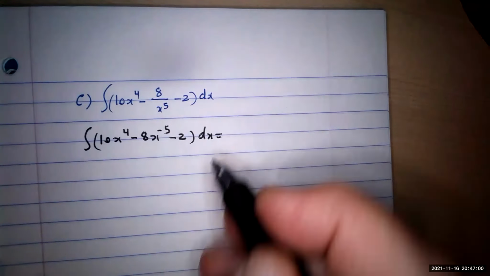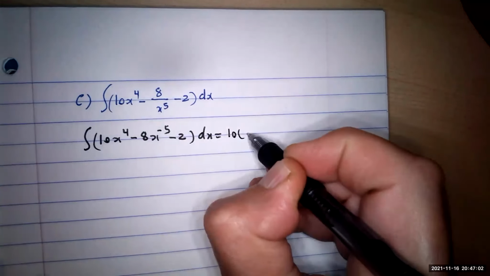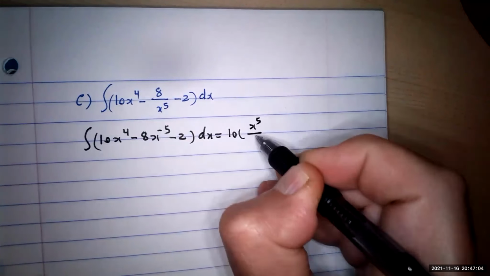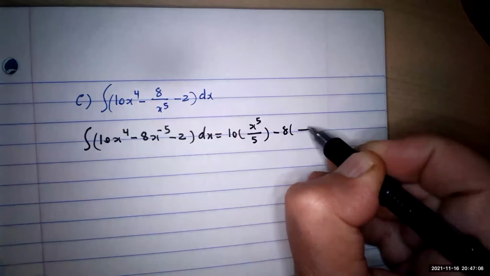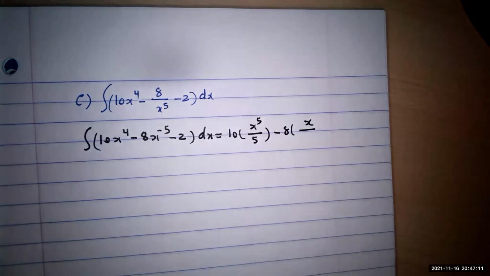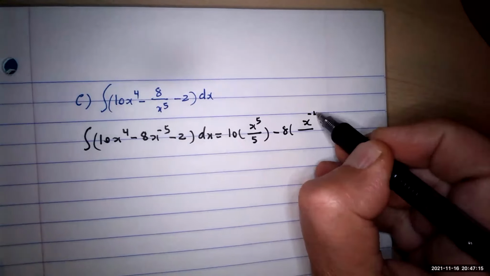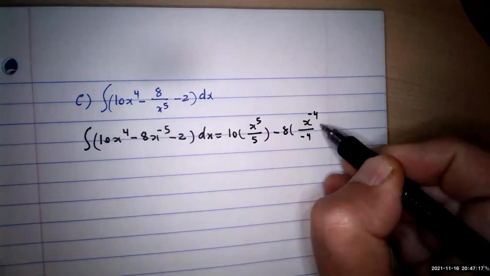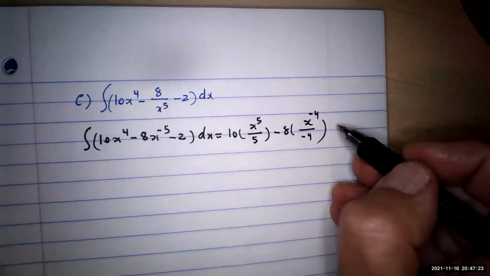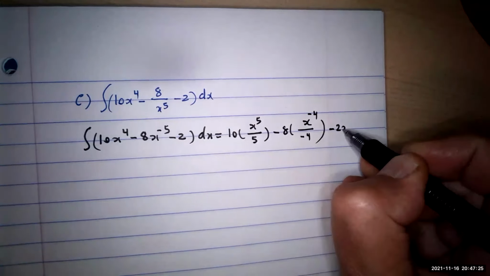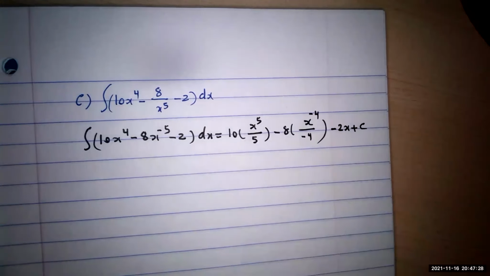Now we are ready. Keep the 10 at x to the 5th over 5 minus 8 at x to the negative 5 plus 1 would be negative 4. Negative 4. And the 2. You see, it's like negative 2x to the 0. When you add would be negative 2x plus the constant.